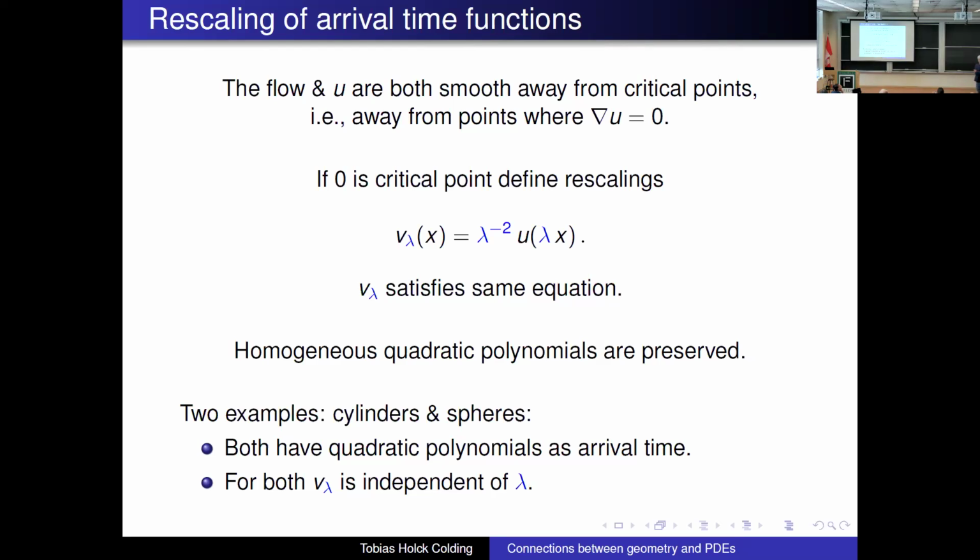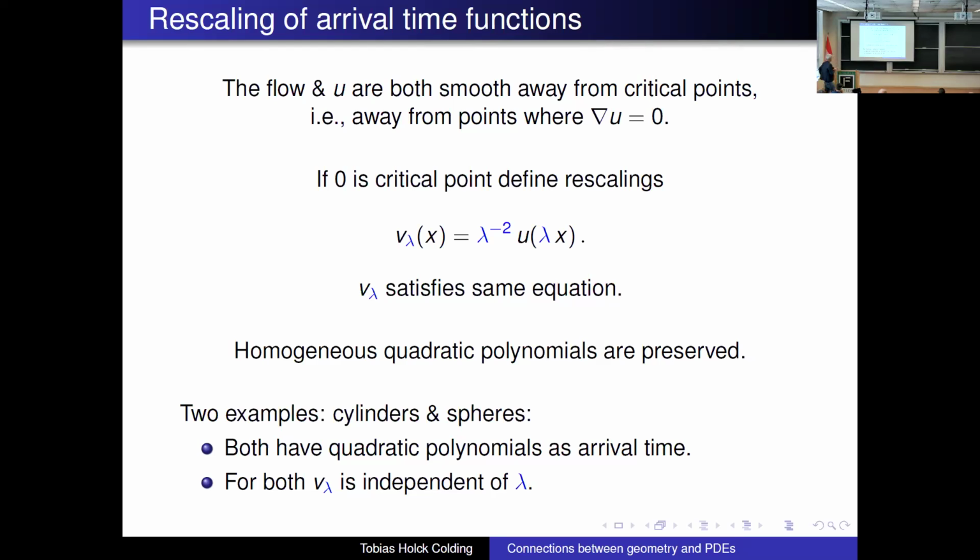So the key problem is where the gradient vanishes. I've normalized my function u. I'm assuming that where the gradient vanishes is at the origin, and I'm also assuming that the value of the function is 0 at that point. I just normalize it like that.